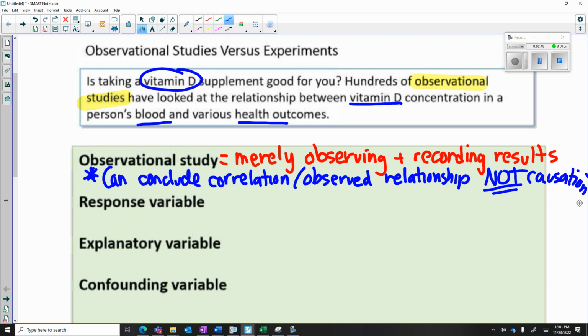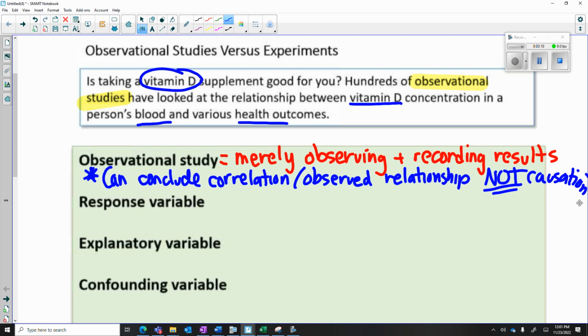Maybe they exercise. Maybe they go to the gym. Maybe they eat very well, a well-rounded diet. Maybe they only eat organic fruit. Maybe they take supplements besides vitamin D. There are all these other variables that could explain why they have good health, and since we're not manipulating them, we don't know.